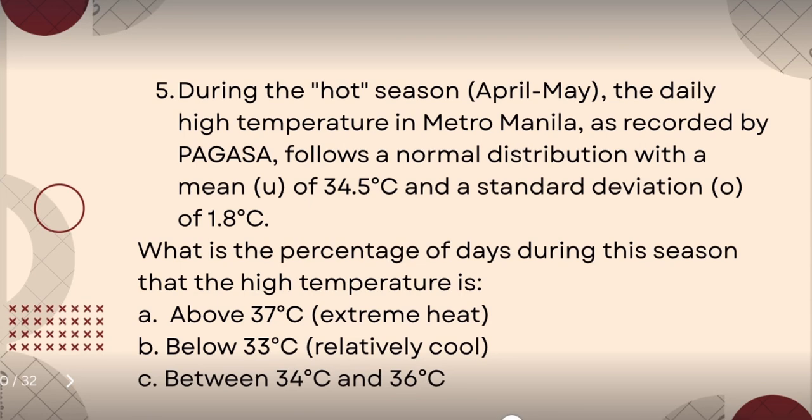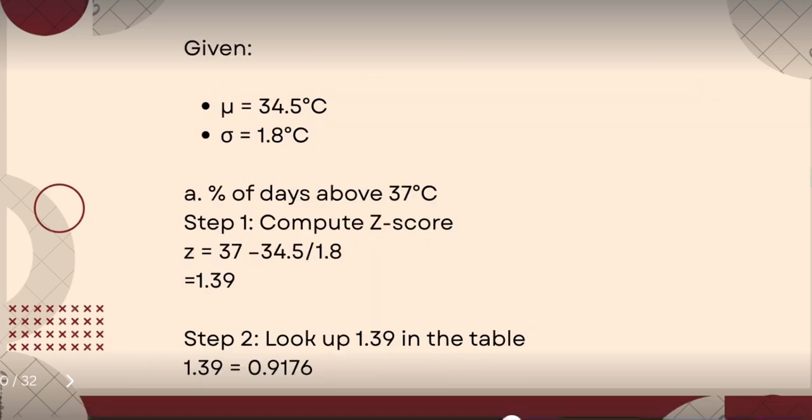So let's first solve letter A in this problem. The given are mean is equal to 34.5 Celsius and standard deviation is equal to 1.8 Celsius. Letter A, percent of days above 37 Celsius.